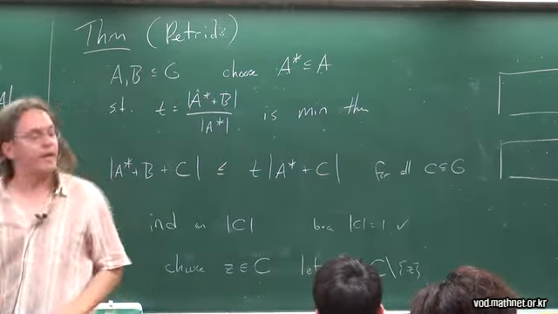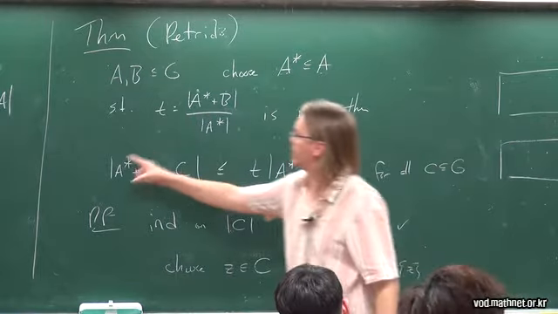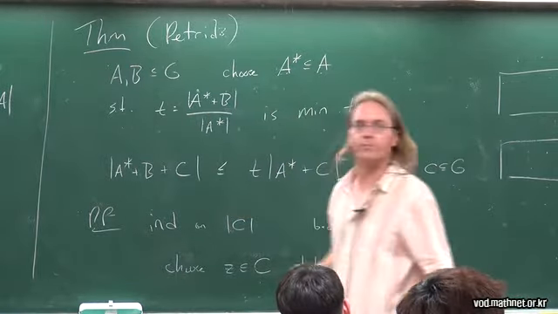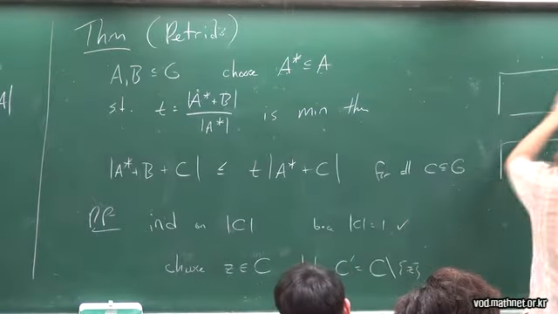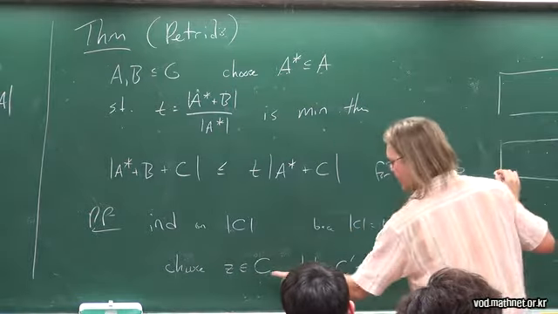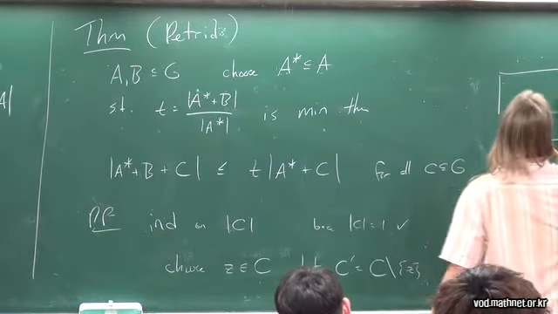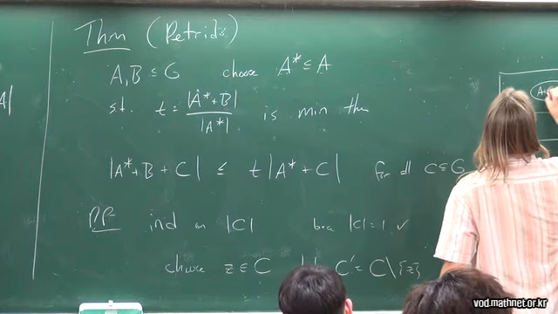Okay, so now I'm really interested in this set A star plus B plus C. And how can I see that? Well, C I want to split up. C I can think of as C prime together with Z. So let me draw a couple sets here. This is going to be the set A star plus C prime.